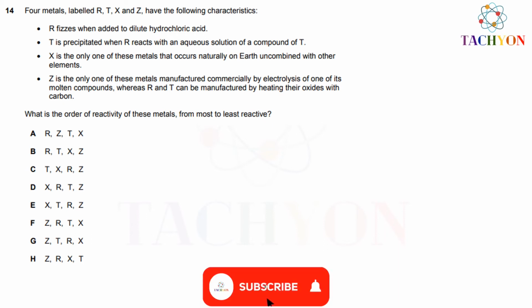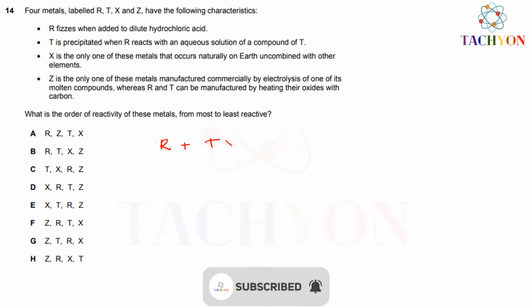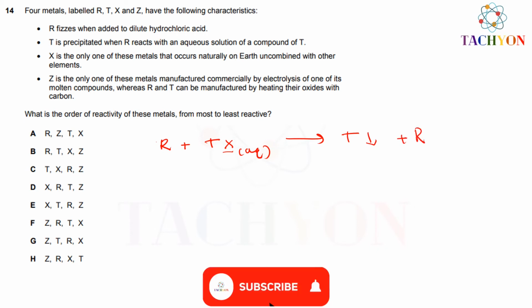T is precipitated whenever you react R in an aqueous solution of T with some aqueous, maybe chloride or something. We don't know what that is. Simply I'm taking X aqueous, so you are getting the T precipitate plus the R with that X.